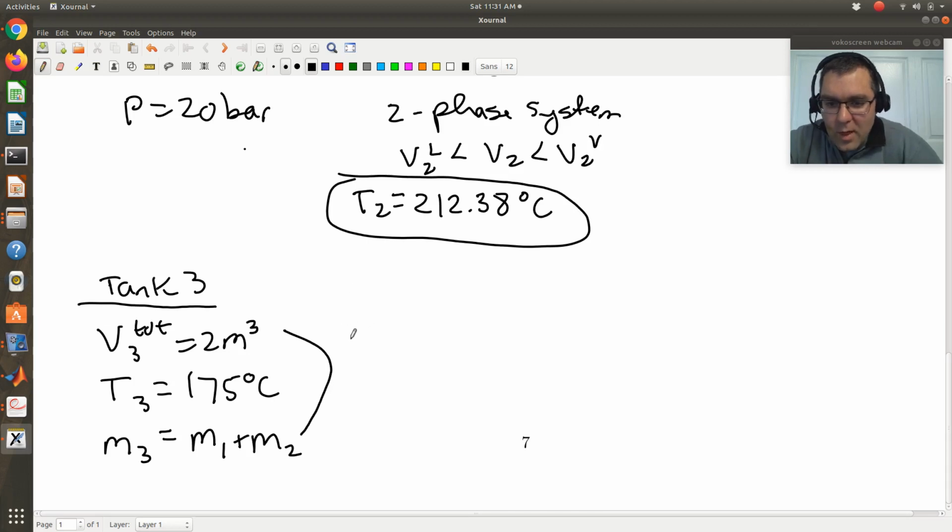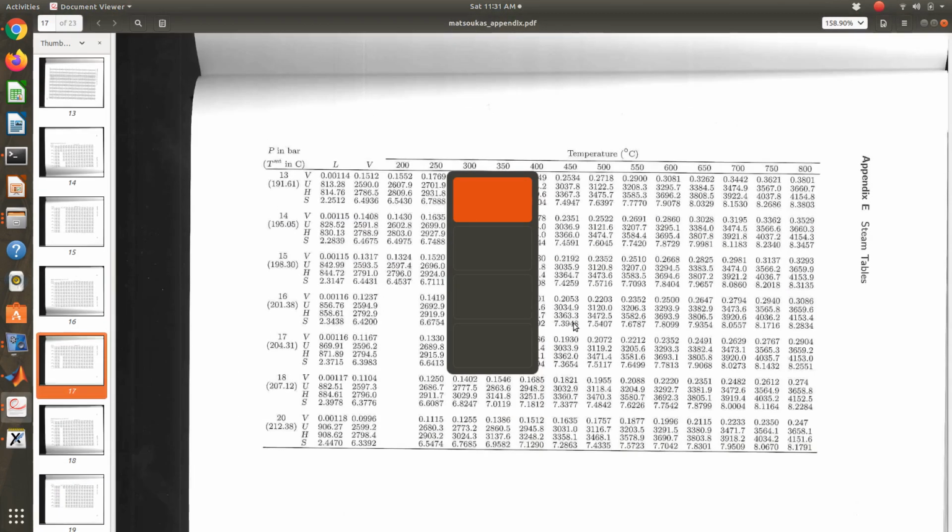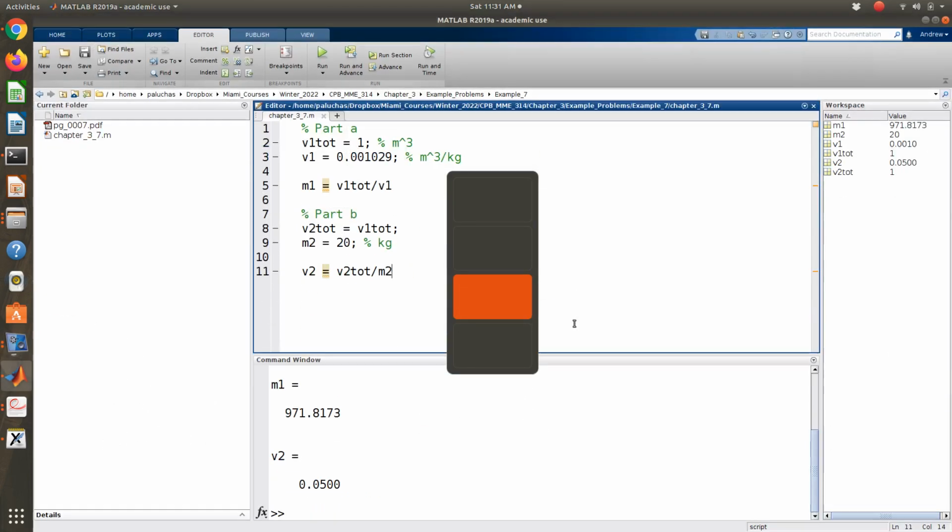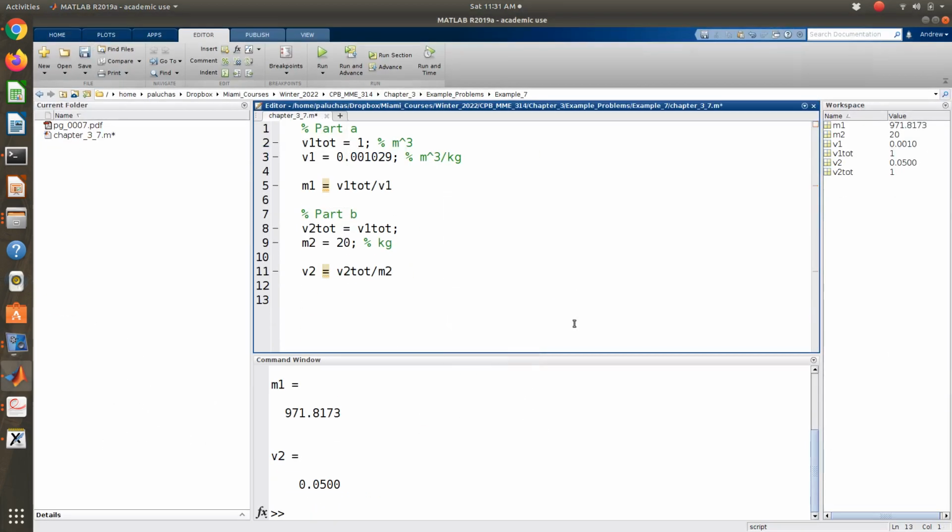So the specific volume V3 would be V3 total divided by M1 plus M2. So part C: V3 total is equal to 3.